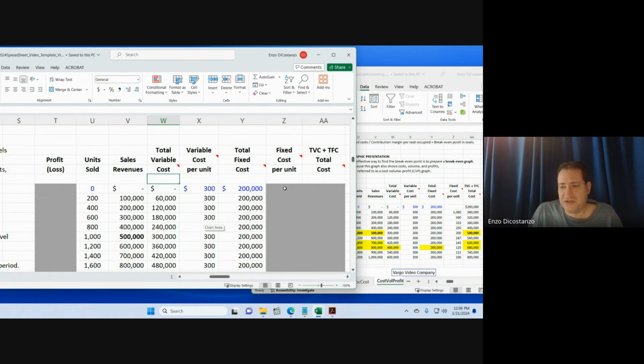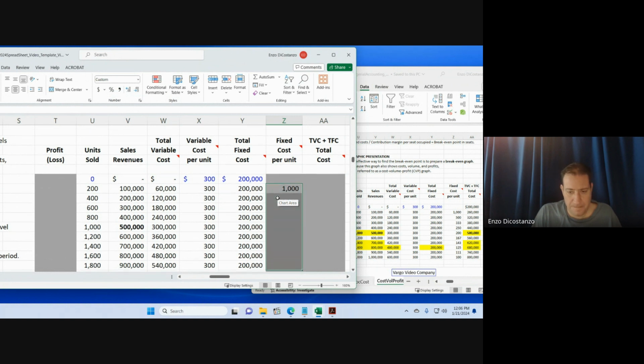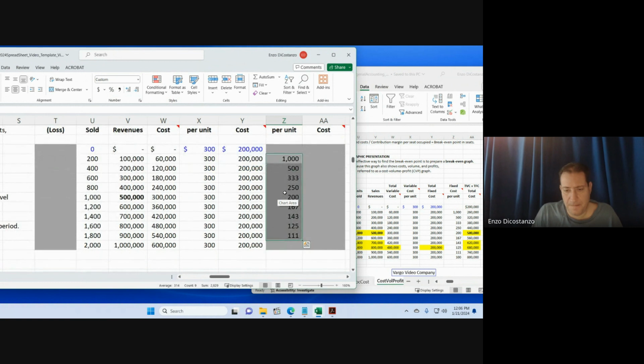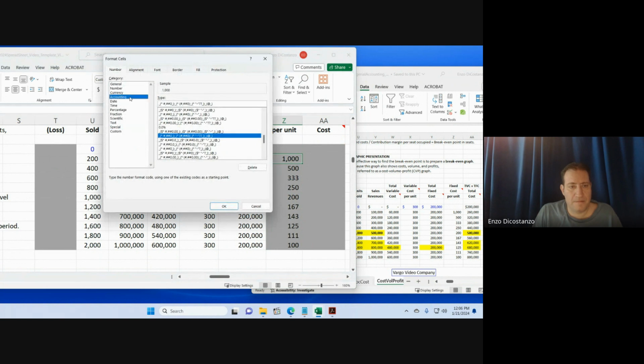The fixed cost per unit, well, if there are no units here, you can't do that one. So this is going to be equal to the 200,000 divided by the units sold, which is 200.